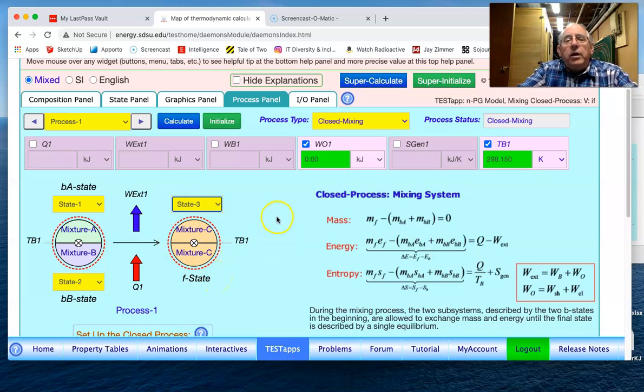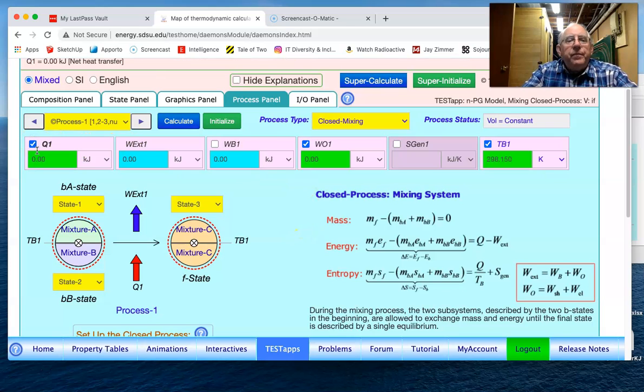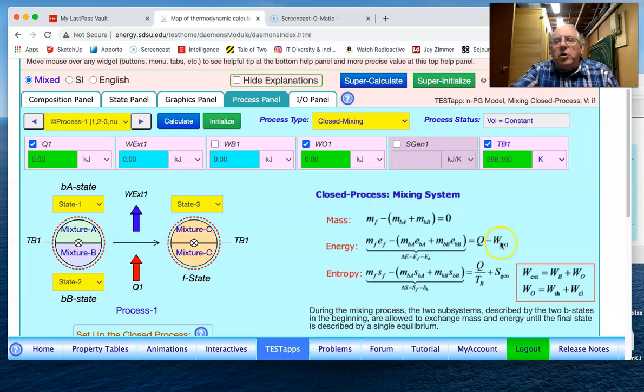Now, what else do we know? We know that in this particular case, there was no heat transfer, because there was no volume change. It automatically figured out that there was no work due to shaft and electricity. It defaulted to that. And there was no boundary work. And since there was no boundary work, we see that there was no total work associated with the energy equation.